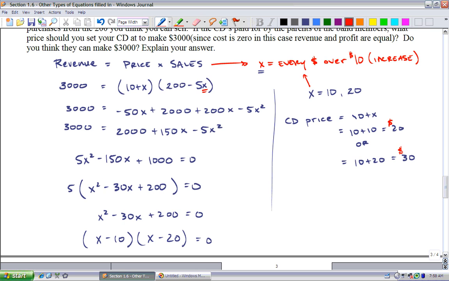Do you think that we could make $3,000? Well, I guess that's an opinion question here, but I'm going to say no, probably could not make $3,000.